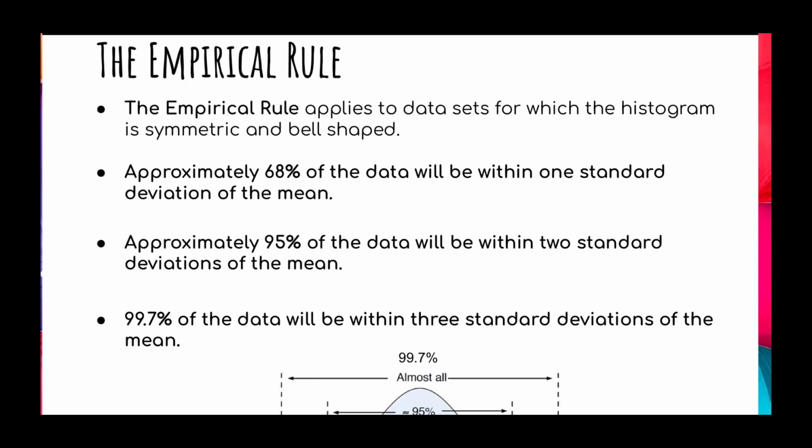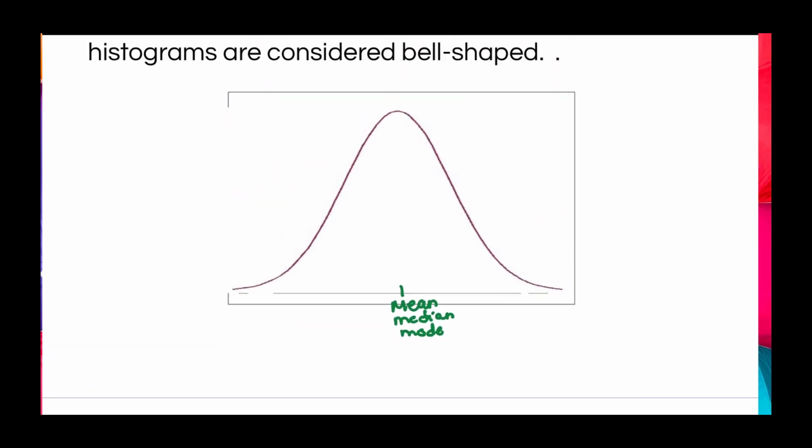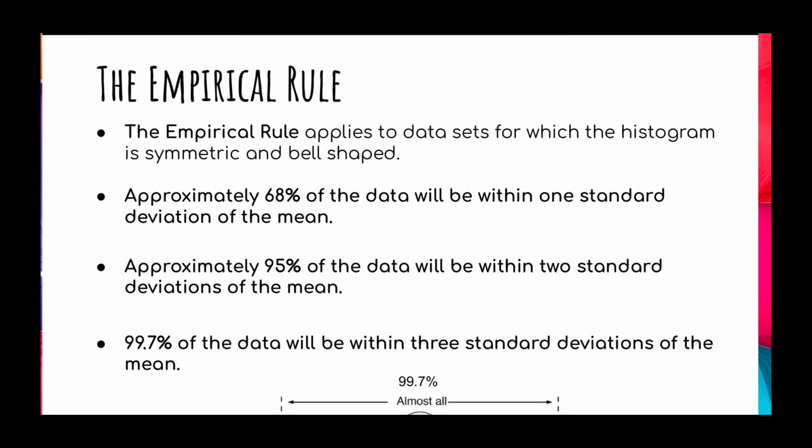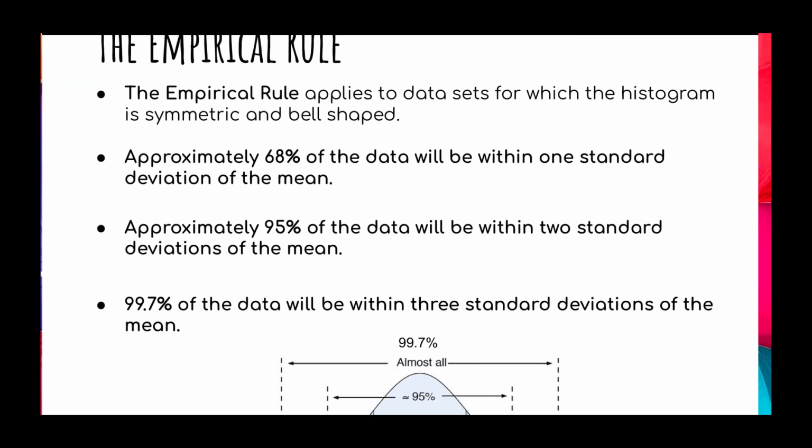So that sets us up for the empirical rule. The empirical rule is a set of characteristics that apply to this bell-shaped normal curve. The empirical rule, as I said, is only going to apply to data sets whose histograms are symmetric and bell-shaped.